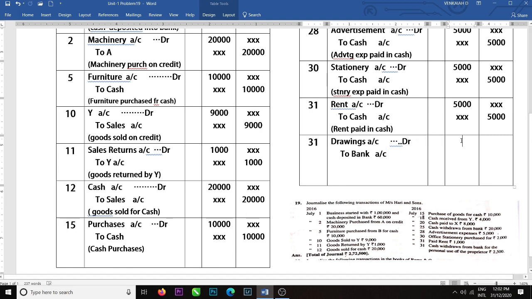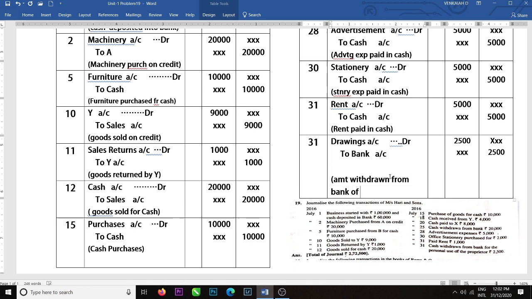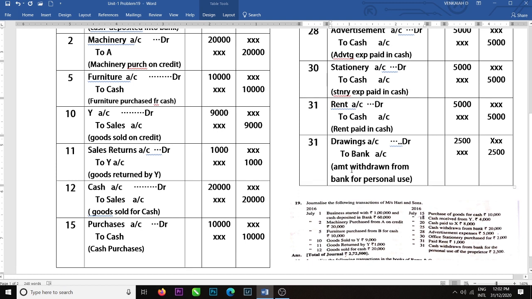Amount is 2,500. Narration: amount withdrawn from bank for personal use. Whenever we find personal, it is treated as drawings.